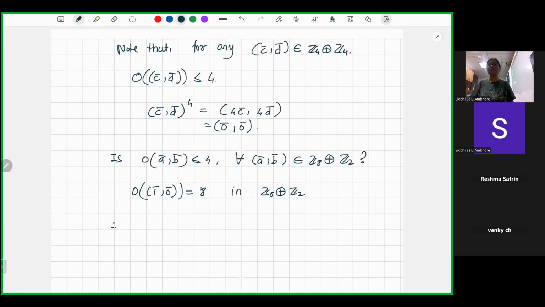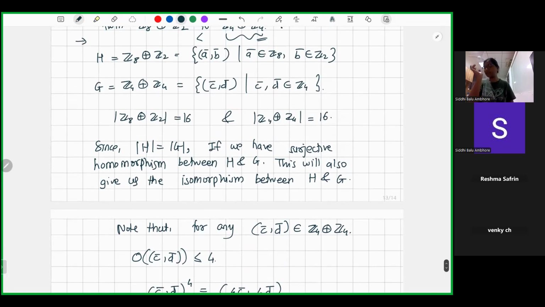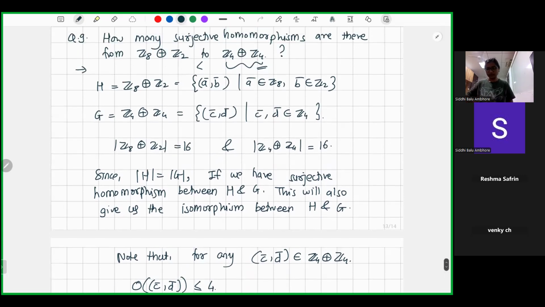Is this clear what I'm saying here? So there is no homomorphism possible at all. No, a homomorphism is possible: the trivial homomorphism, where everything goes to the identity in Z4 and Z4. But we are not talking about that.